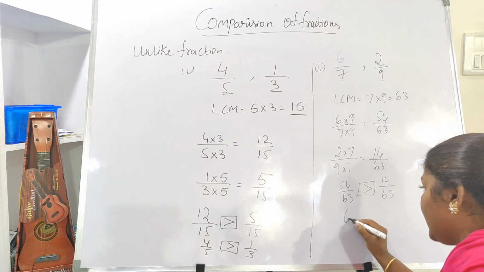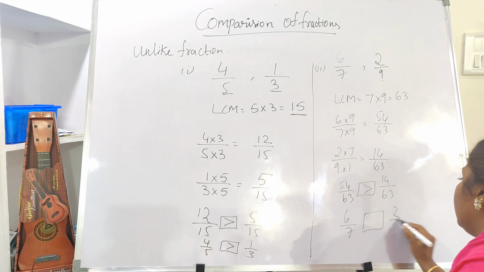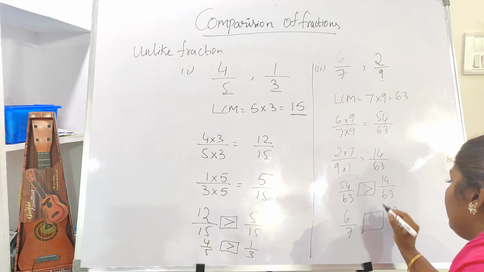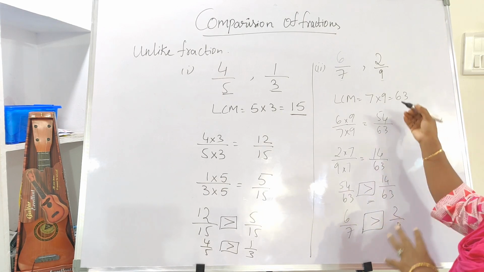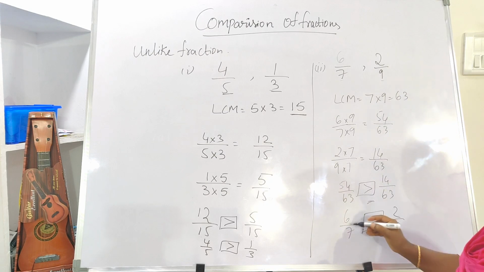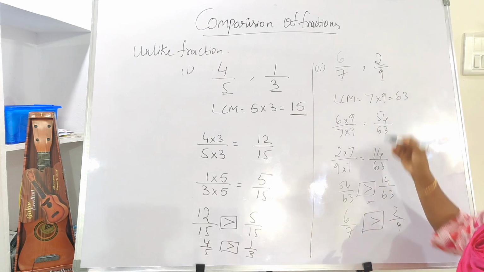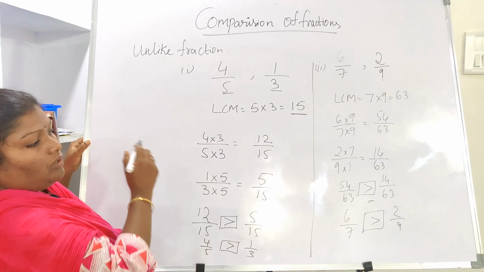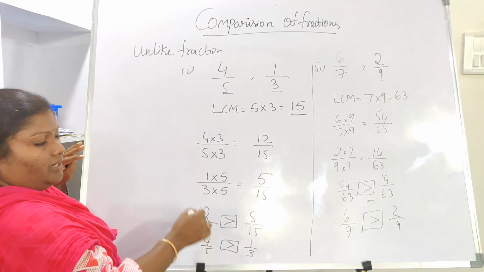Write down those fractions and just mention which is greater. So this will be a complete problem. If you leave it here, it will not be relevant to the question. So just write down the earlier one. 6 by 7 is greater than 2 by 9. Hope you have understood it.